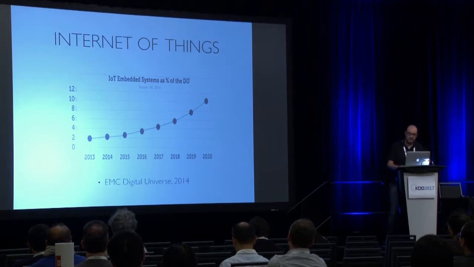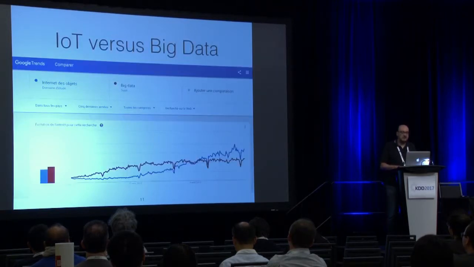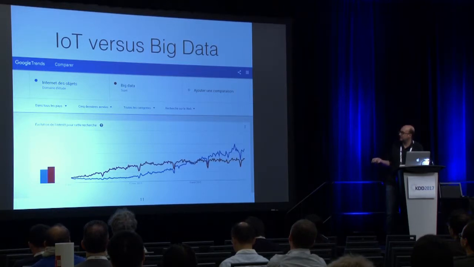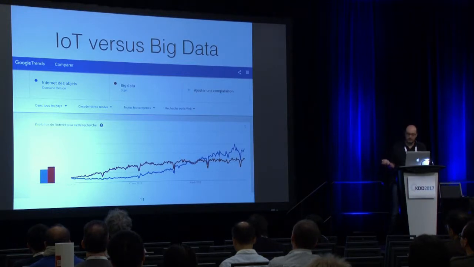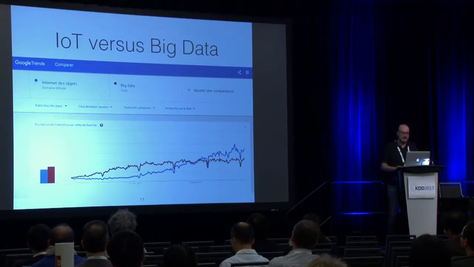So it's still growing. And also, if we look at the popularity of the term in Google Trends, and compare the Internet of Things with big data, we see that big data was really popular around 2013, 14. But recently, the Internet of Things is becoming much more popular than big data.